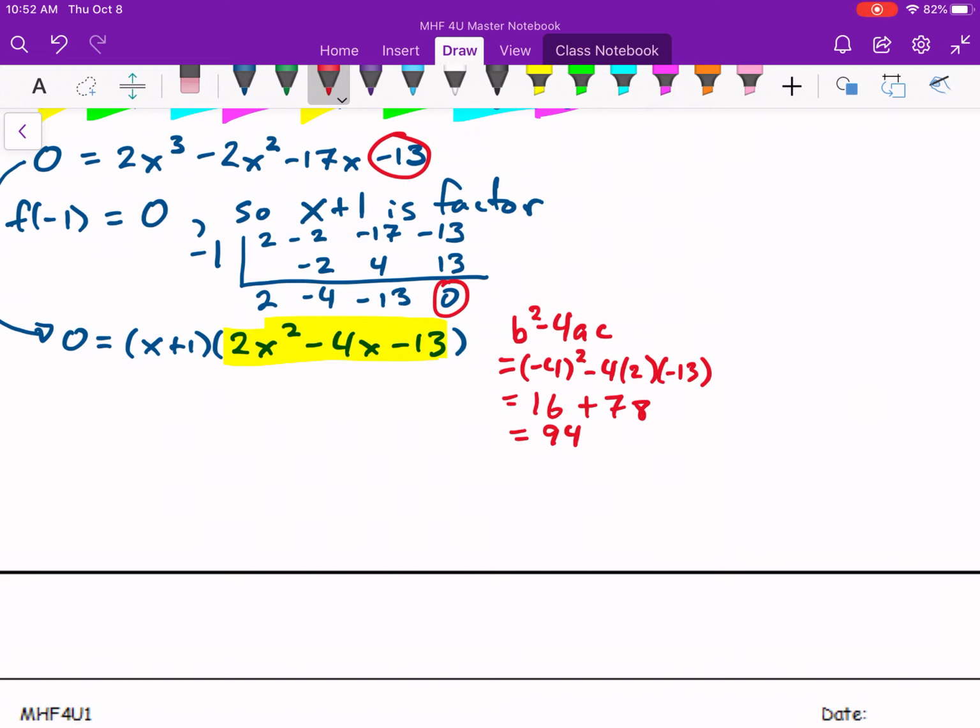Oh, no, it's not. It's going to be 78. I just realized my mistake there. It's going to be 120. Just want to confirm that before I go any farther.